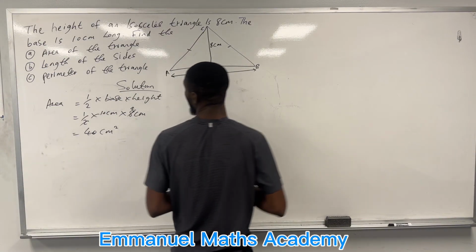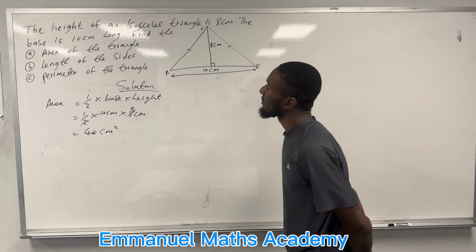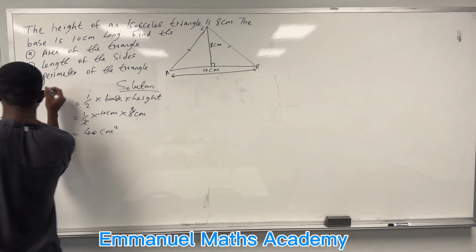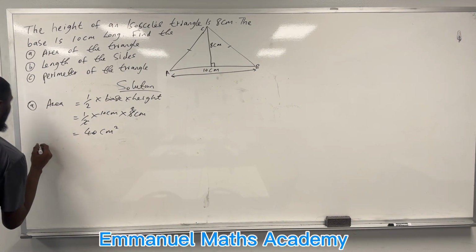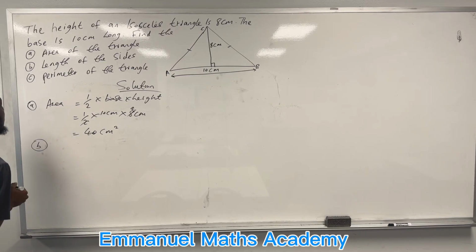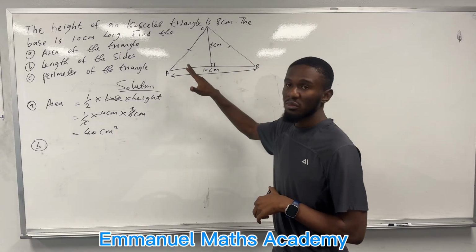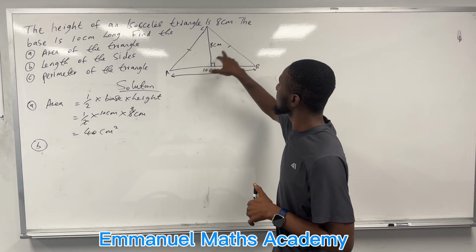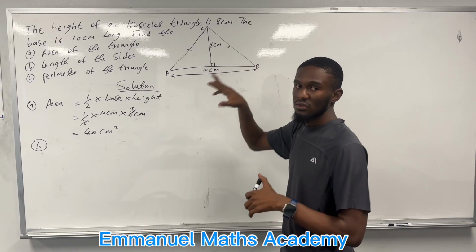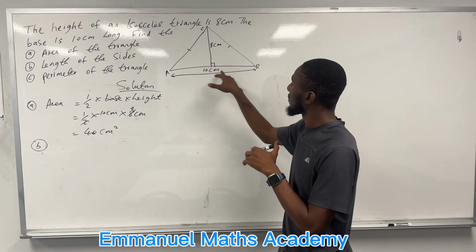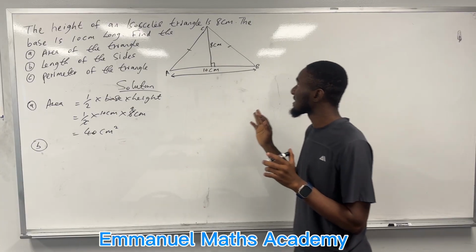What about the second one? Let's call this one A, right? So this is A. What about B? The B is the length of the sides. So one of the properties of an isosceles triangle is that two sides are equal. Then one is not equal to any of the sides.